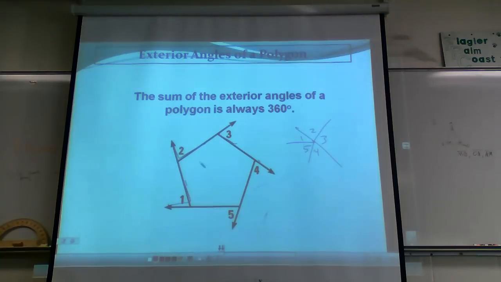The only thing that happens is as you increase the number of sides, these angles get smaller and smaller. But the fact that these will always break apart and make a complete circle, which is 360 degrees, means it's always going to be 360.